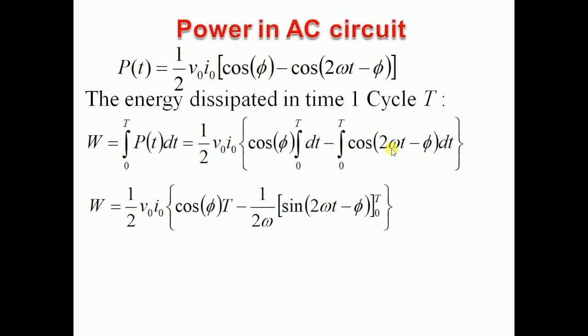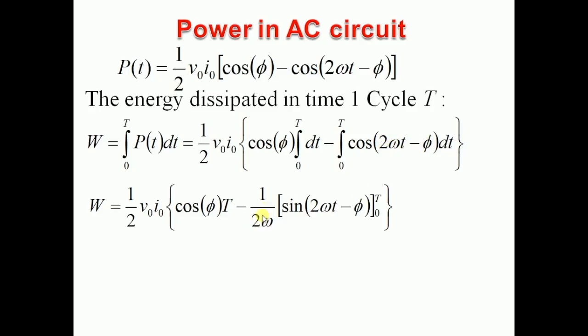Now integration cos of 2 omega t minus phi dt will be sine of 2 omega t minus phi divided by the derivative of this angular part with respect to time. It will be twice omega, the derivative of phi will be 0.